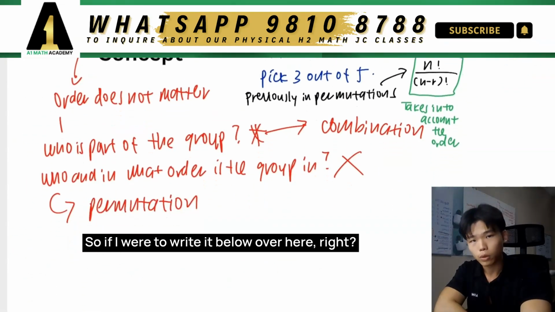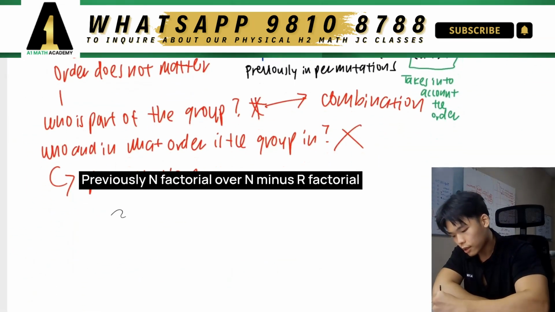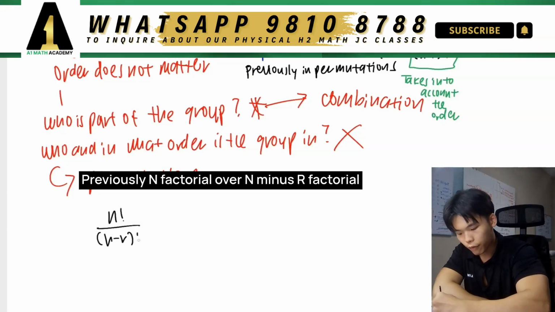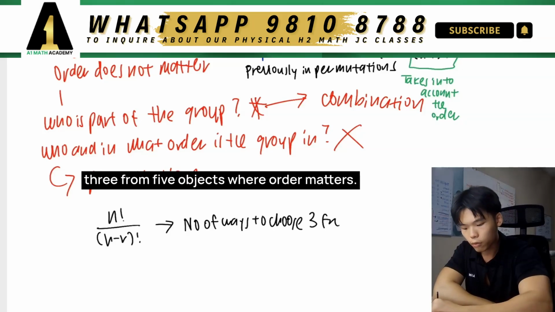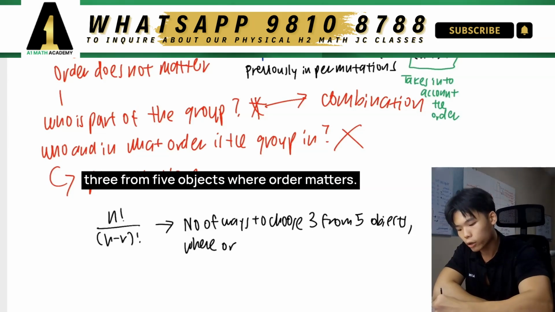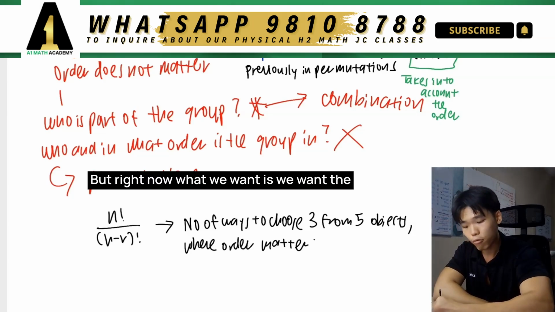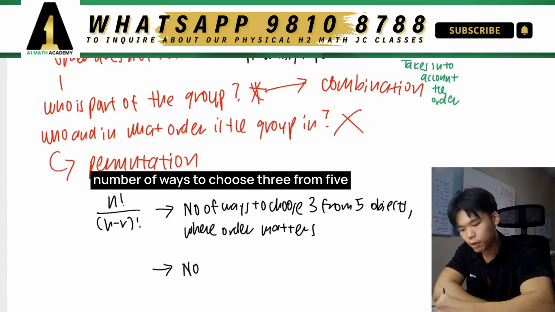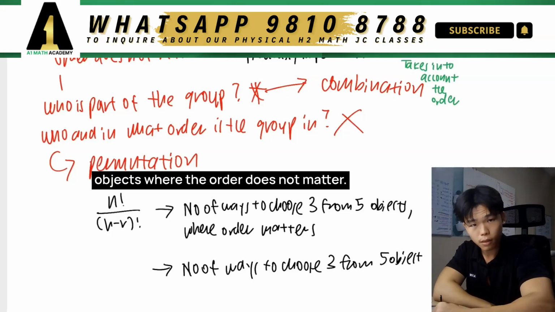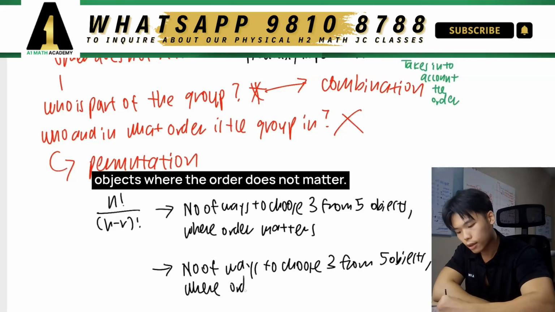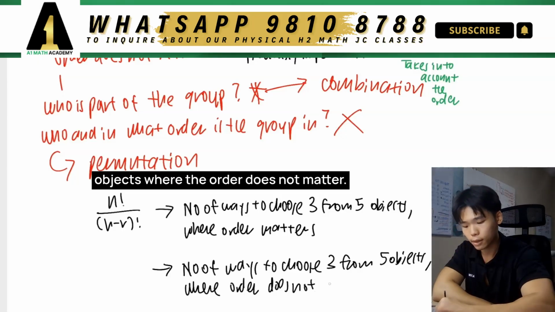If I were to write it below, previously n factorial over n minus r factorial is basically the number of ways to choose 3 from 5 objects where order matters. But right now, what we want is the number of ways to choose 3 from 5 objects where the order does not matter.